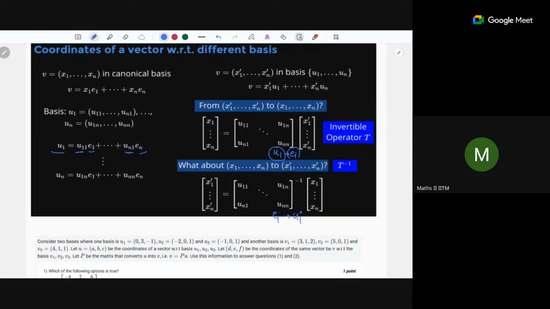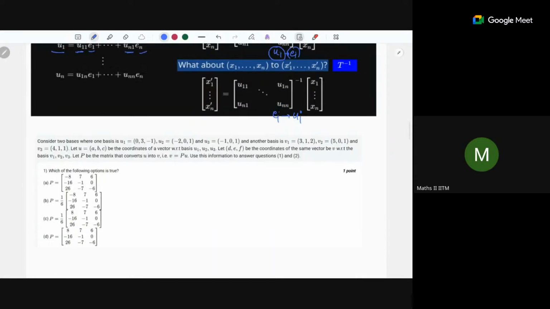Same thing we will do here. In this case, we want to convert ui's into vi's with matrix P. So what we need to do is express each of the ui with respect to vi, and that will become our column.